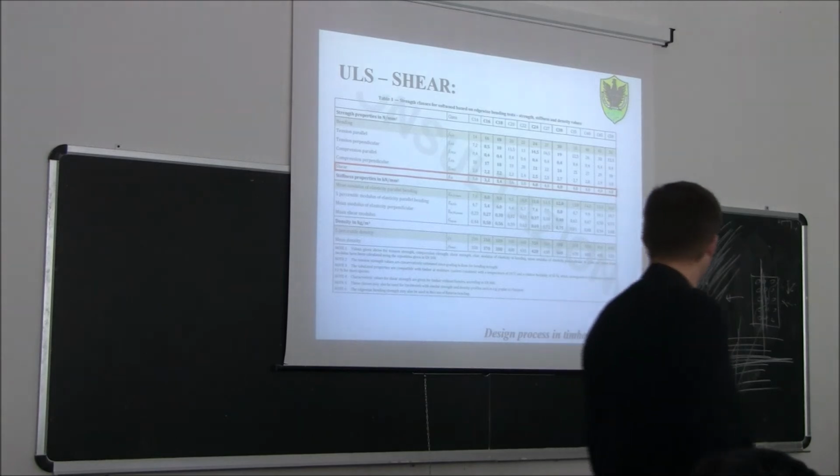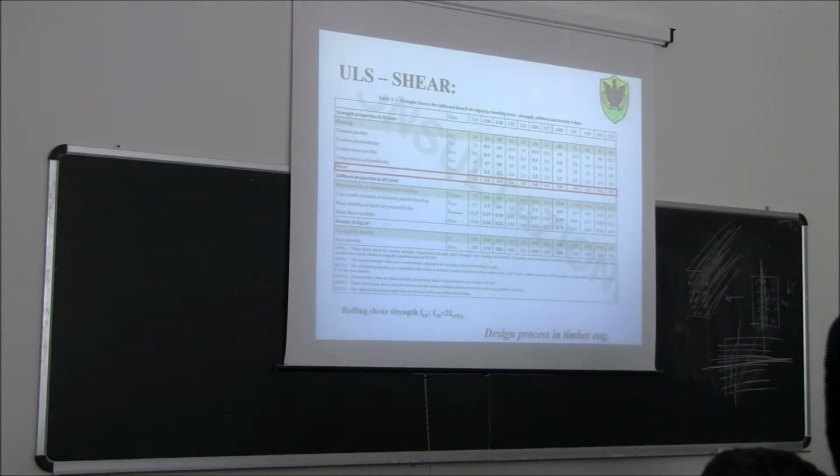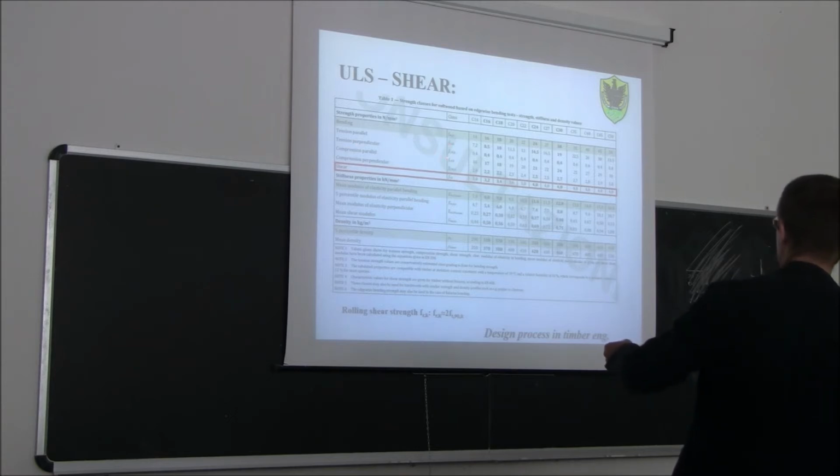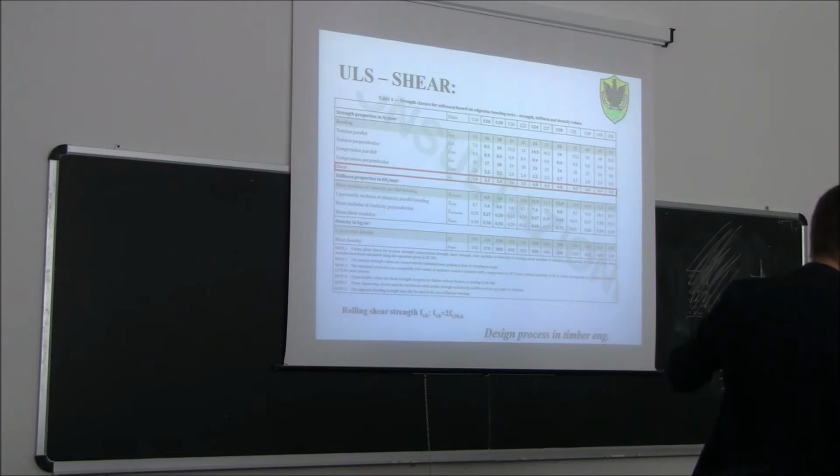Instead, the rolling shear, if you look here, there is no value for rolling shear, but the regulation says that the characteristic rolling shear can be found in an approximate way by doubling the characteristic tensile strength of wood perpendicular to the grain. So if you look here, tensile strength of wood perpendicular to the grain is constant, 0.4 megapascal, so almost 0, very low.